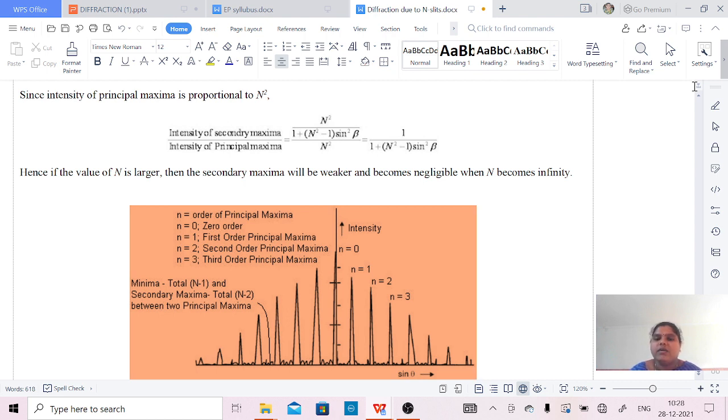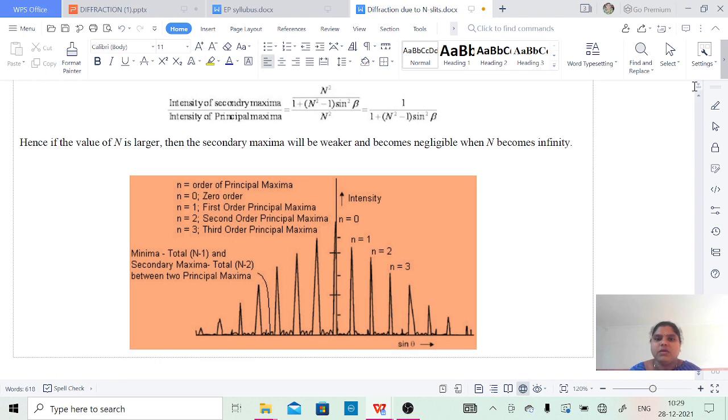Here in this graph, we are showing the principal maxima. That means zero order principal maxima, first order principal maxima, on both sides of the zero order. Likewise there are minima conditions and secondary maxima conditions also. That means a total of n minus 1 minima conditions and n minus 2 secondary maxima conditions between two principal maxima. Okay, thank you.